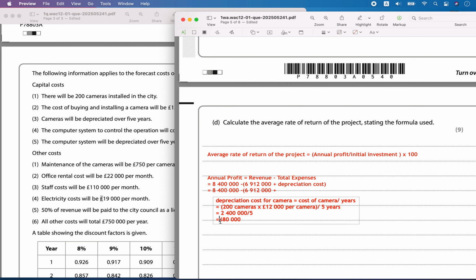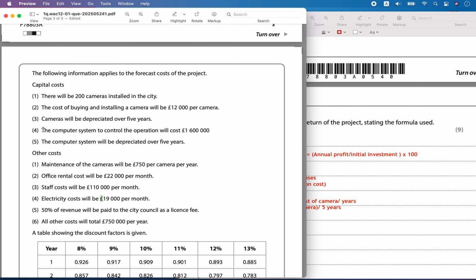So this is the depreciation for the camera.